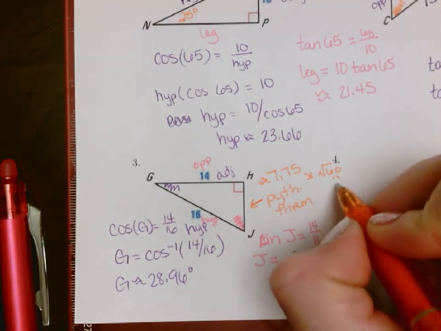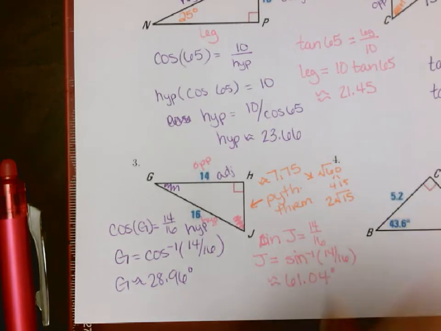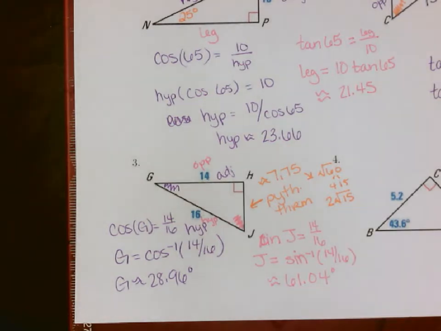So that would be 4 and 15, so 2 root 15. So that would be your exact answer. But you can give the decimal answers with the trig problems. So going here to this one here.